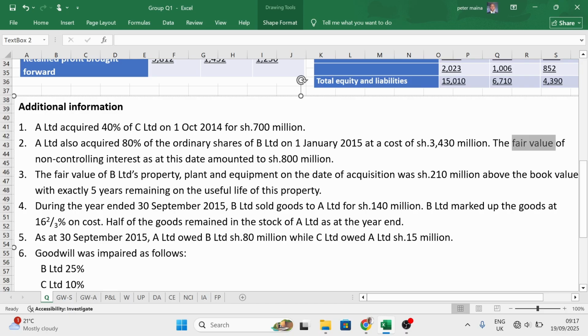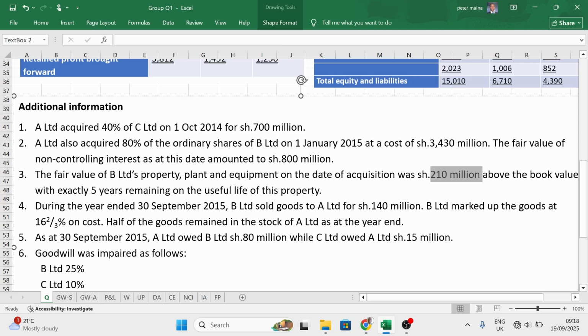Then point number 3 says the fair value of B Limited's property, plant, and equipment on the date of acquisition was 210 million above the book value, with exactly 5 years remaining on the useful life of this property. So you're going to make 2 adjustments here. 1, we are going to increase the value of property by 210 million, which is the revaluation gain.